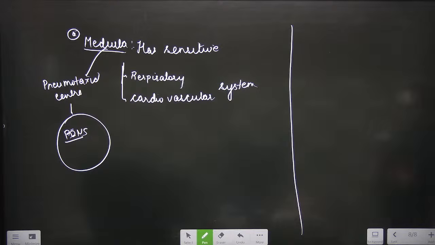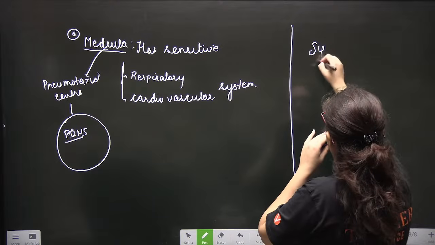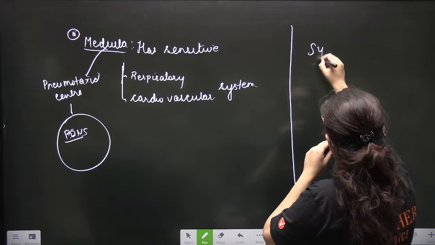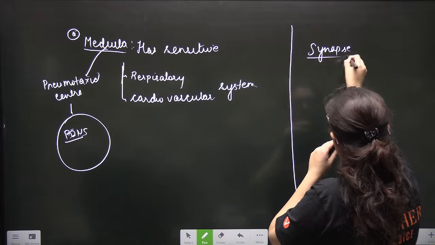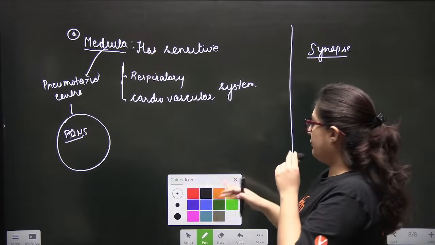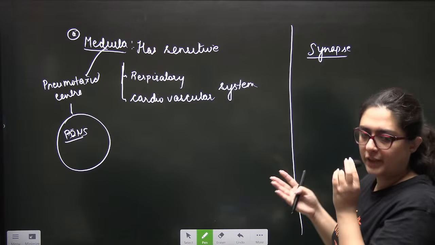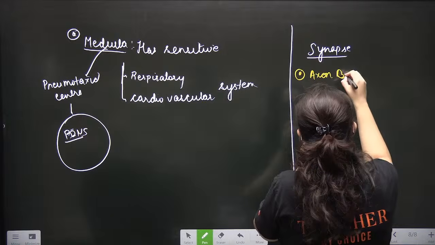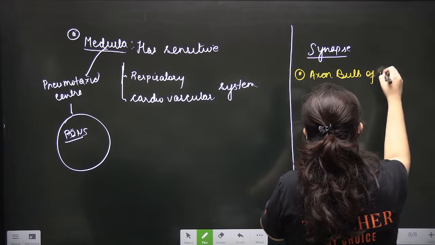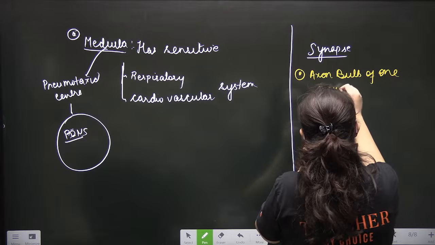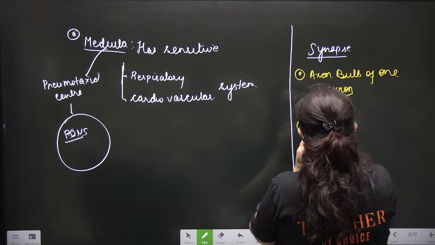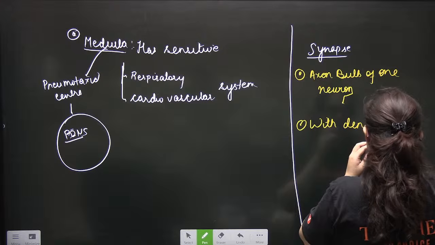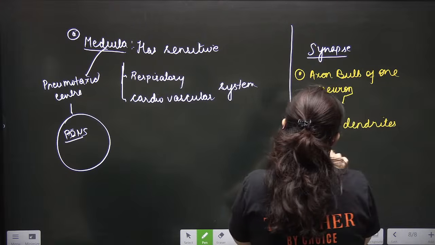Is it clear? Now, if you consider synapse, it is the relation of the axon bulb of one neuron with the dendrites of another neuron.